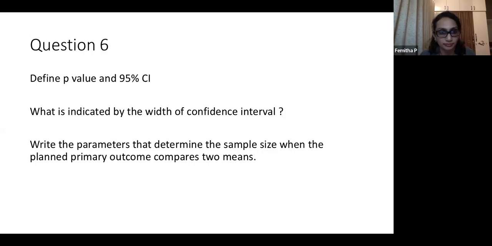Probability. Probability that your results are not true or not correct or due to chance is the p-value. So if p is less than 0.05, it means that the probability of the results being due to chance is less than 5%. It is the alpha error.